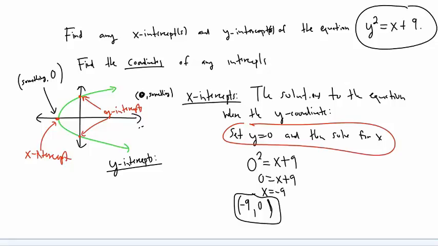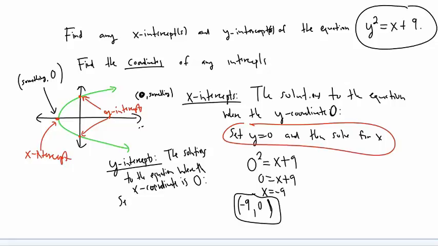And it turns out the y-intercepts of any equation are exactly the solutions where the x-coordinate is 0. Over here, this is where the y-coordinate was 0.